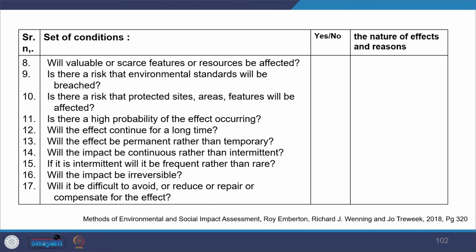All these kinds of questions are considered, and it may be difficult to avoid, reduce, repair or compensate for the effect. So what kind of compensation is happening? For each yes, one needs to answer, and the nature of the effect and the reason for it has to be given, and based on these the judgment is made on its significance. This was one example of how significance is assessed. So we have looked into the different methods of it.